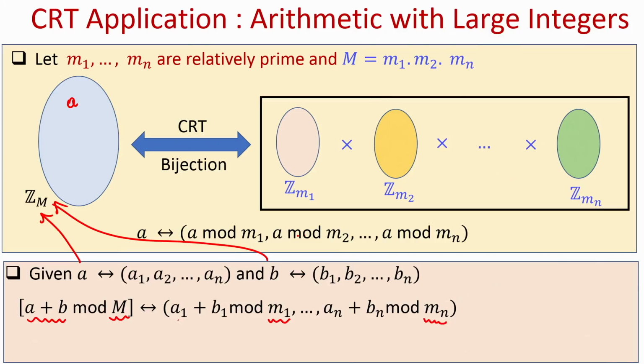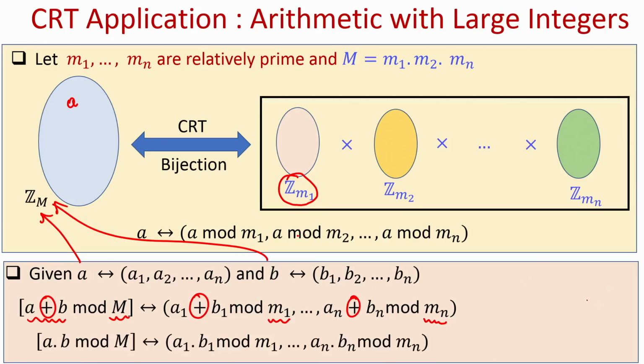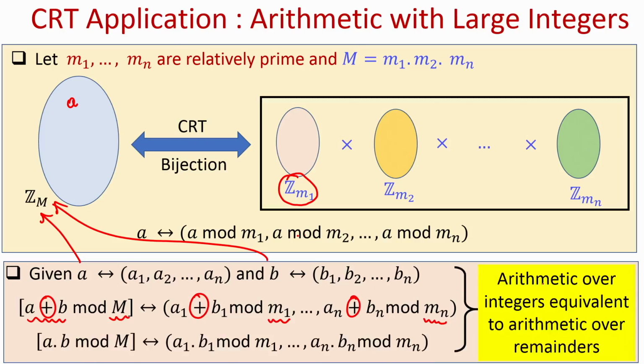So, what you have to do is focus on the first component of the representation of A and B. You perform the same operation which you want to perform in the bigger set, and do modulo the small modulus m1. You perform the same operation in the second world modulo m2, you perform the same operation in the nth world modulo mn and so on. Okay. And the same holds for product as well.